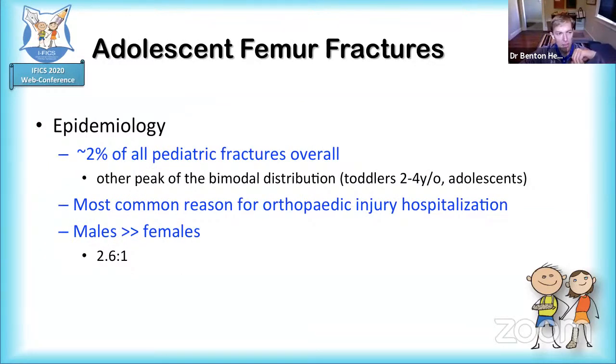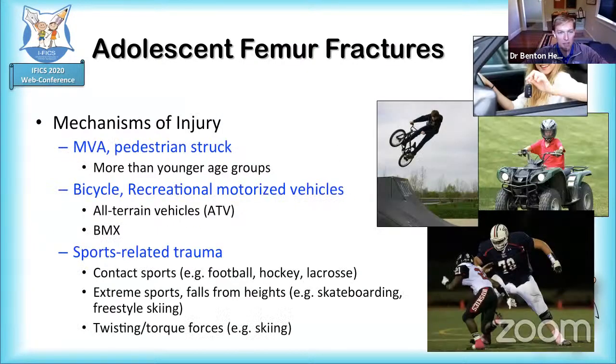Femur fractures may be around 2% of all pediatric fractures, and the other peak of a bimodal distribution across all pediatric age groups may be the adolescents. This has been said to be the most common reason for orthopedic injury hospitalization in this age group. And again, males are more common than females.